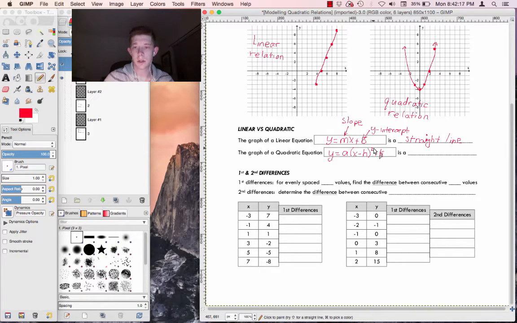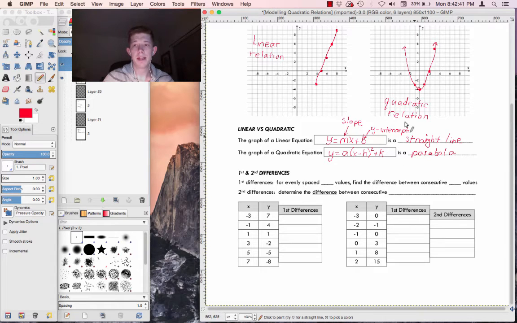This one has a little exponent 2, whereas this one doesn't really have an exponent at all. Okay, it has the exponent of 1, which we just typically don't write. And we call this a quadratic, or it is a parabola shape. So it's a parabola.